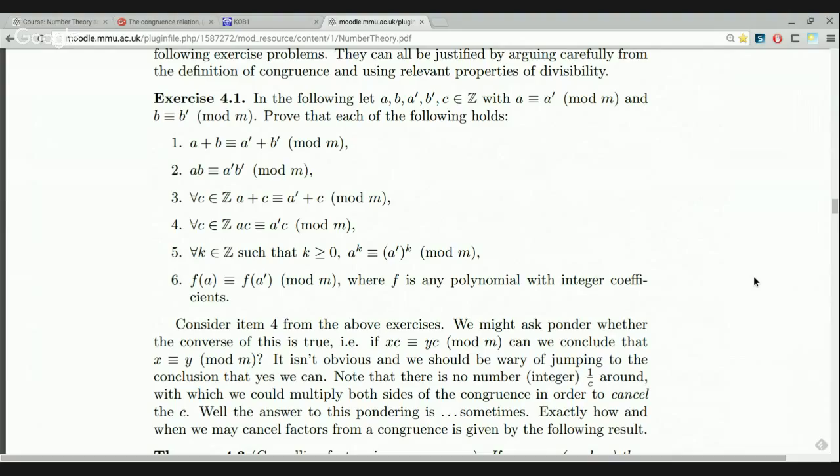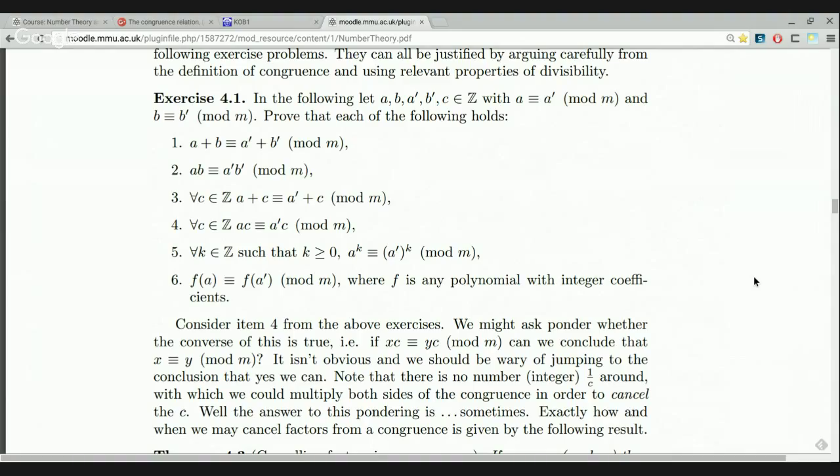So evaluating a polynomial preserves congruence. The two arguments are congruent to begin with, a and a prime, so will the values f of a and f of a prime.